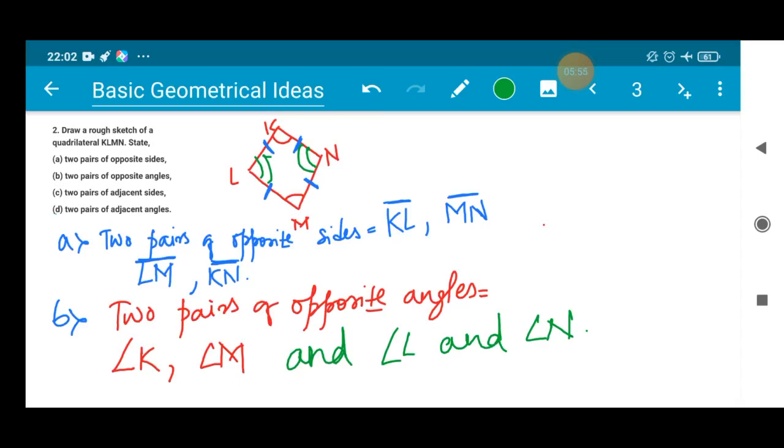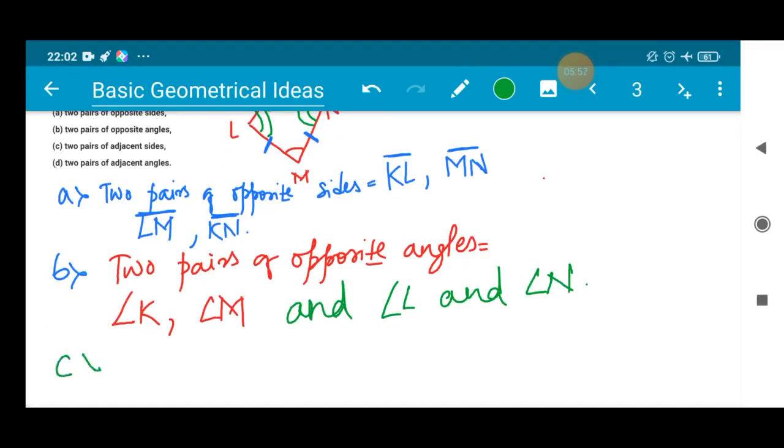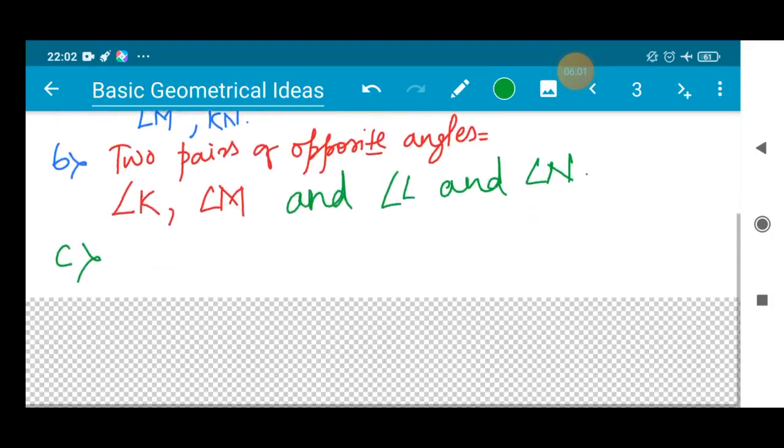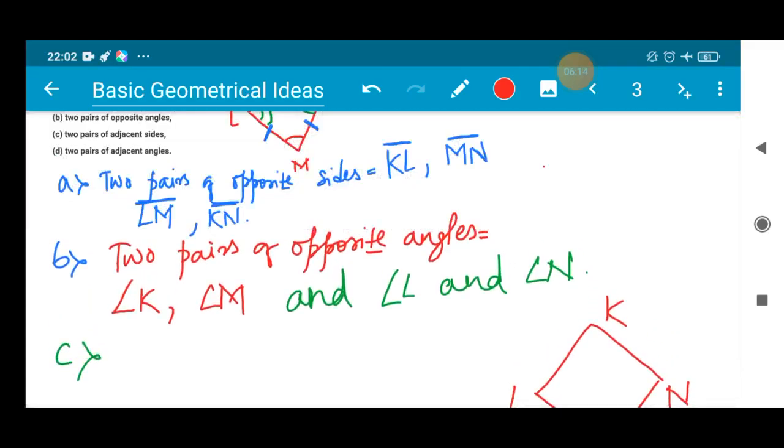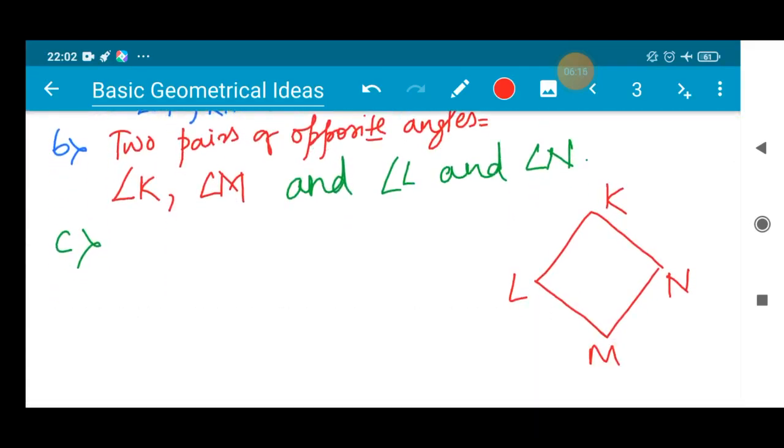I hope you people understood this. Next, number C, two pairs of adjacent sides. Let me make the figure here for better understanding. K, L, M, N. Now we understood what opposite sides and opposite angles are. Now we have to consider two pairs of adjacent sides. Adjacent side means, if KL is one side of the quadrilateral, then its adjacent side is KN.